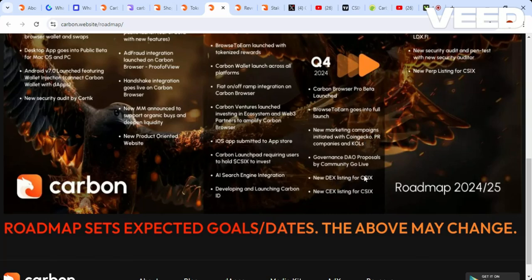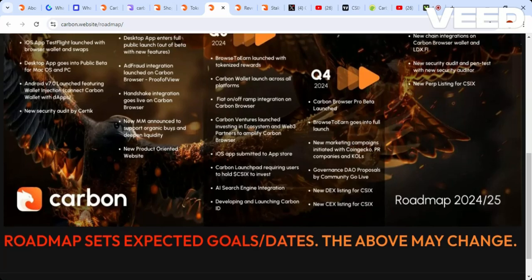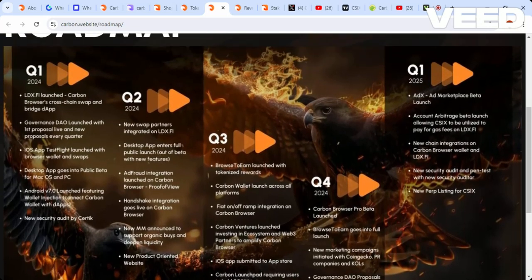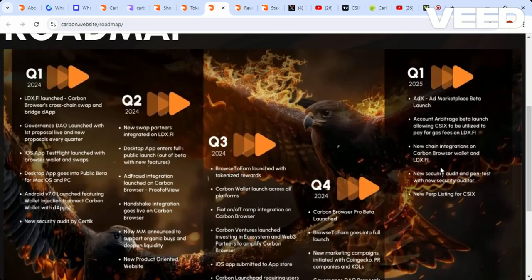We have new decentralized exchange listing and new centralized exchange listing. We are expecting a new centralized exchange listing in Q4, and then Q1 of 2025 we have the launch of the art marketplace beta. We have the arbitrage and beta launch of the token to be utilized to pay gas fees, and then we have new perpetual listing. So these are what they are really working on.